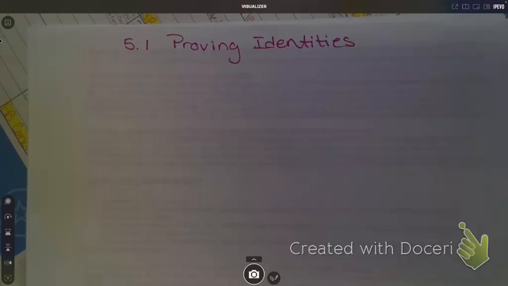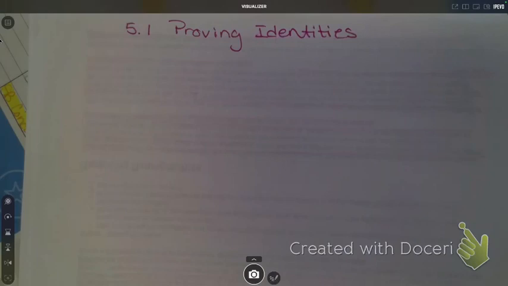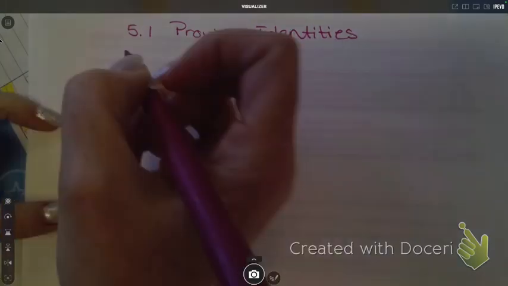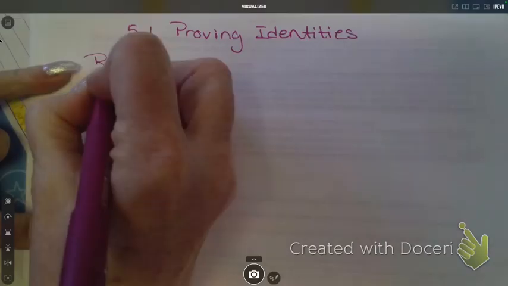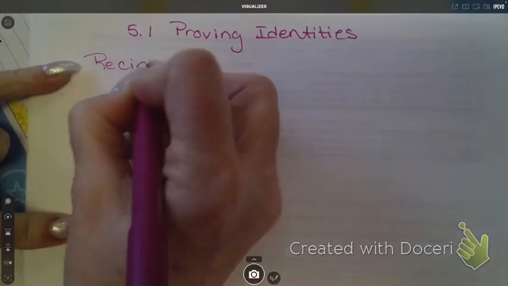Okay, proving identities. The first thing we need to remember are all our identities. So we have the reciprocal identities.